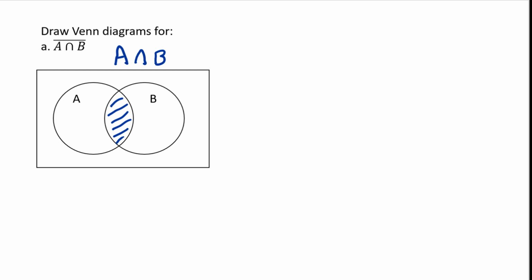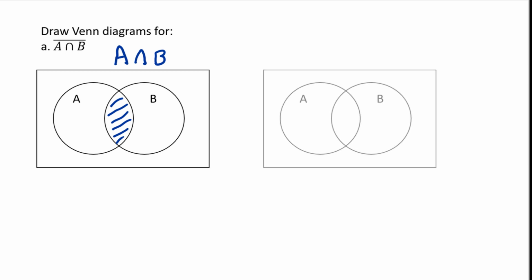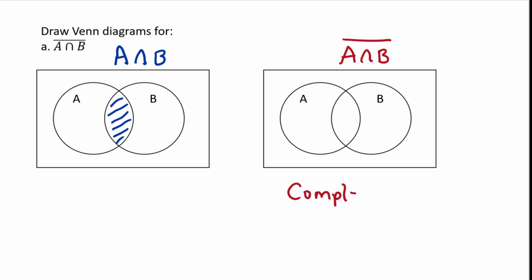Now, the next step is going to be for me to shade in everything that does not include what was previously shaded. So, I'm going to take the Venn diagram we just did. The bar over it says I want to shade everything that's not or was not previously shaded. It is also sometimes called a complement. C-O-M-P-L-E-M-E-N-T.